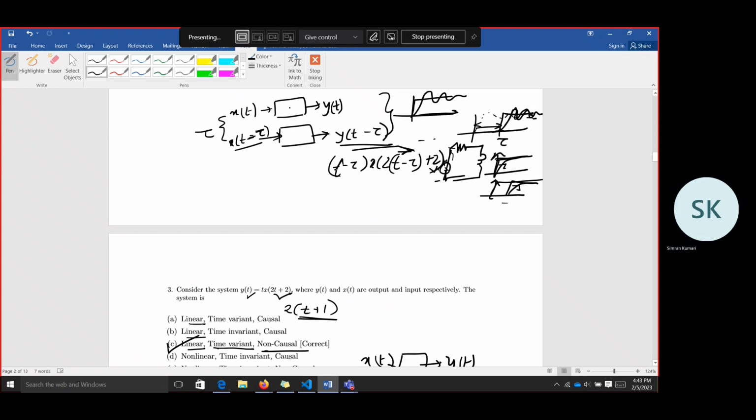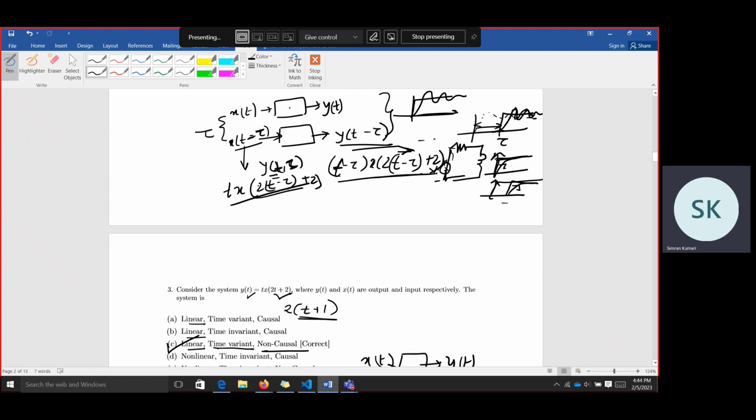And if we apply x(t minus tau), the output is t x of 2t minus tau plus 2. Now we can see that the shifted version of the output is not equal to the output for the shifted input. So this is not a time invariant system.